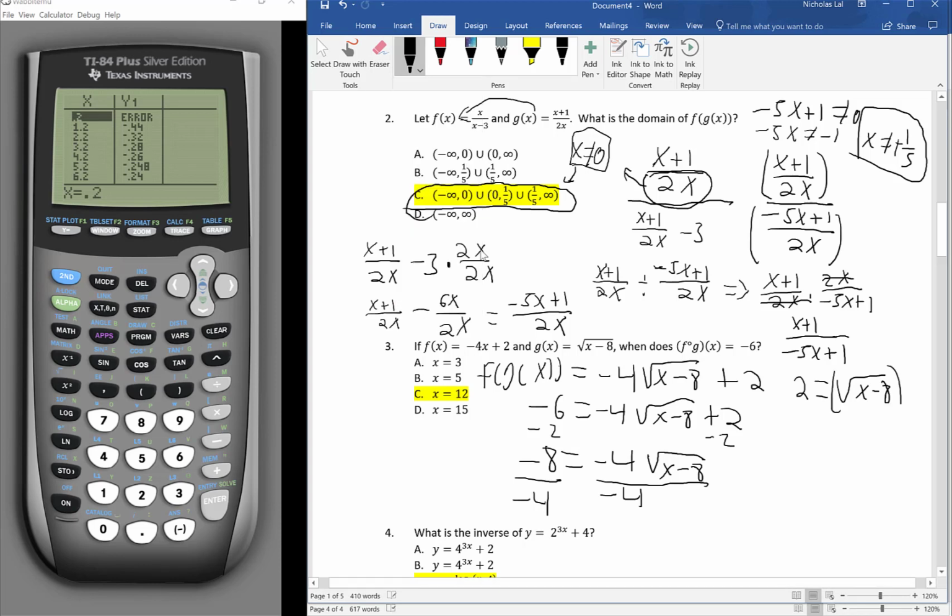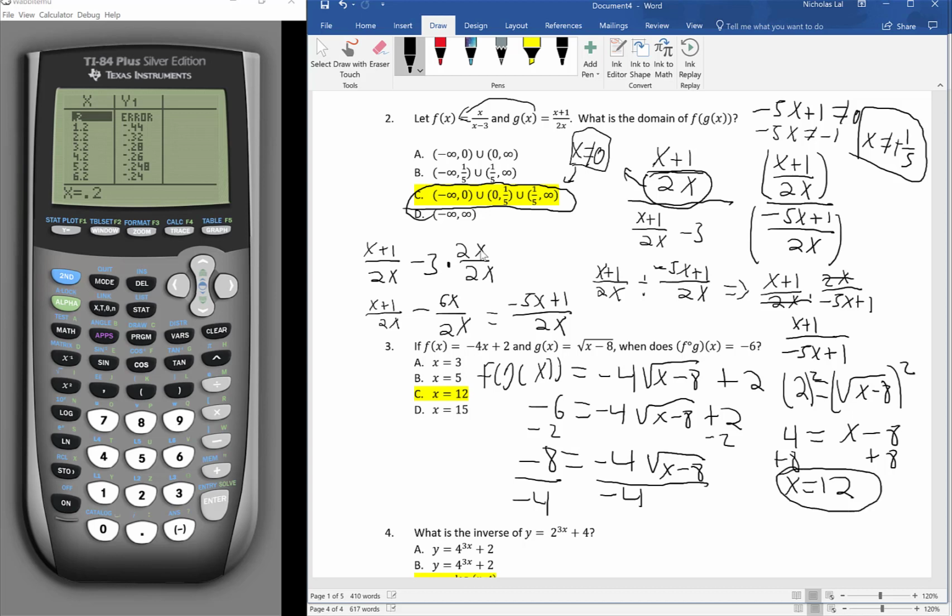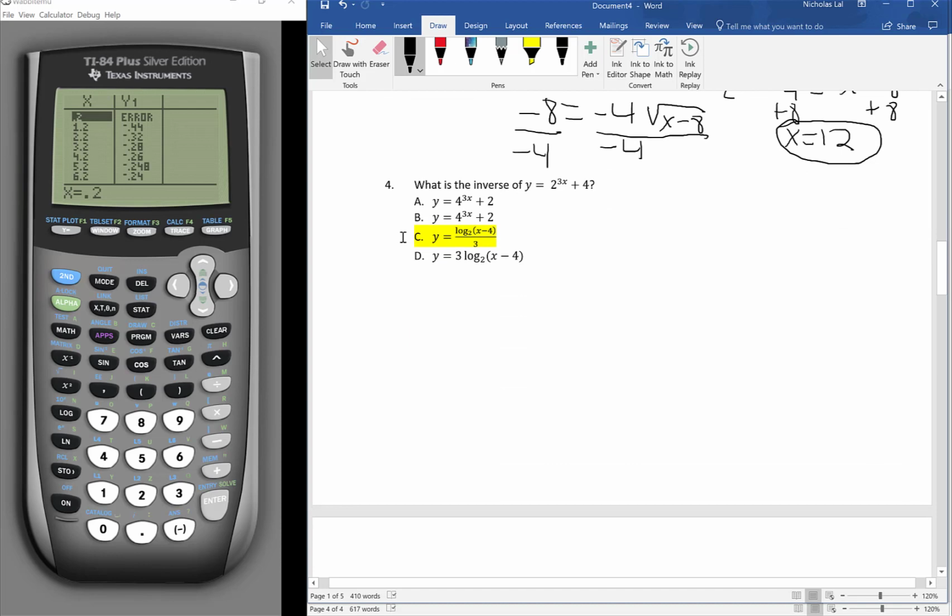So we're going to have to square both sides. 2 squared is 4. 4 is equal to x minus 8. Add 8 to each side. And x is equal to 12. C, x is equal to 12. So that's problem number 3. Moving on, going to problem number 4.